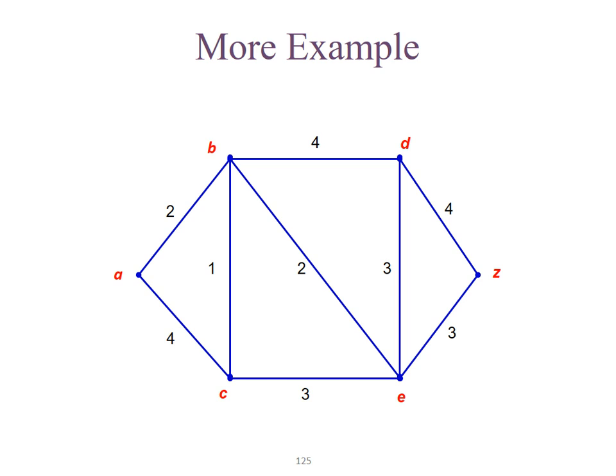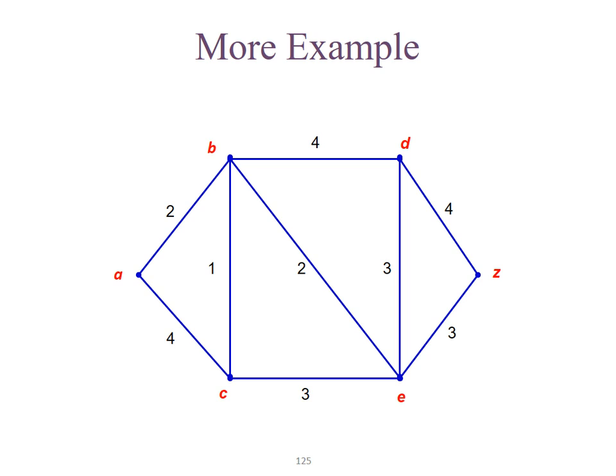Alright, next, let's see how to apply the algorithm by this example. Okay, so from A to Z, initially we just update the distance for all vertices, and it will be infinity, right?